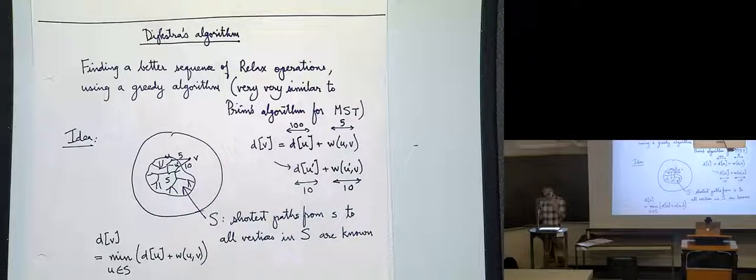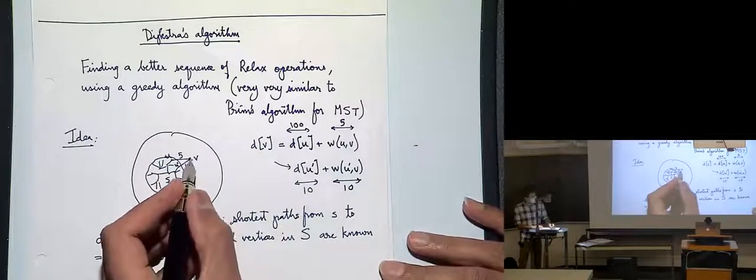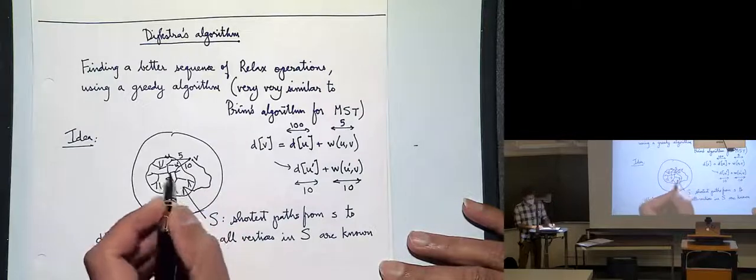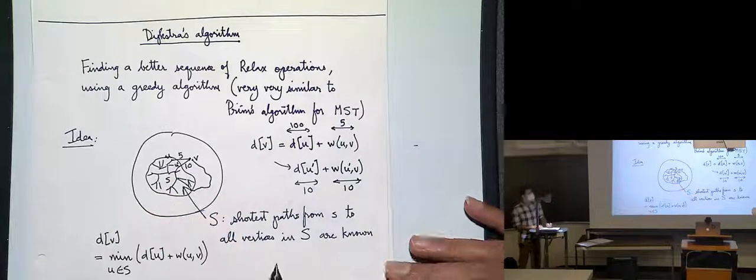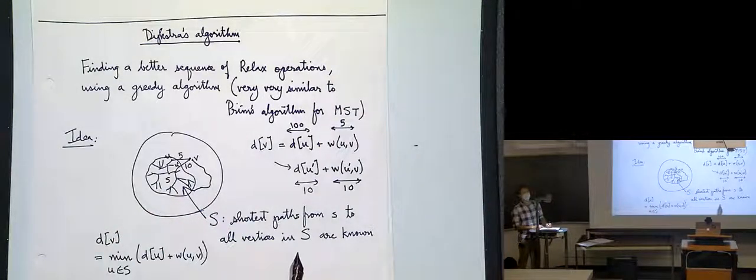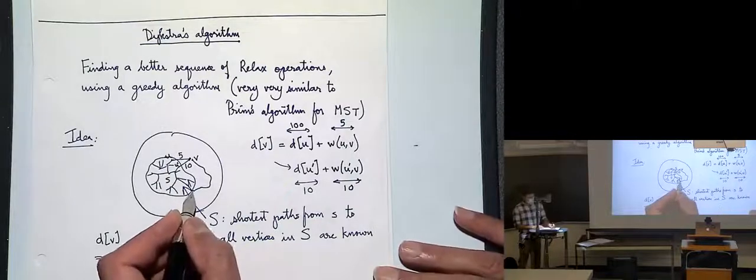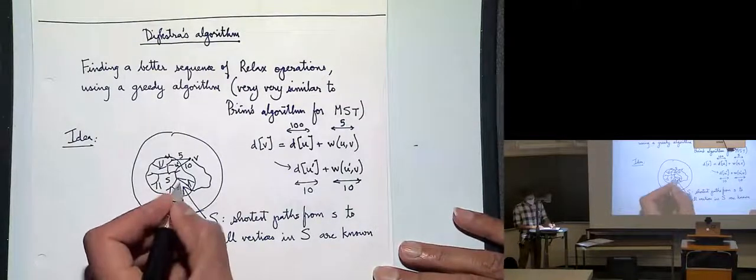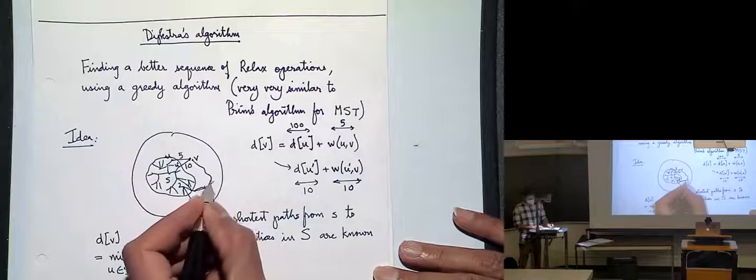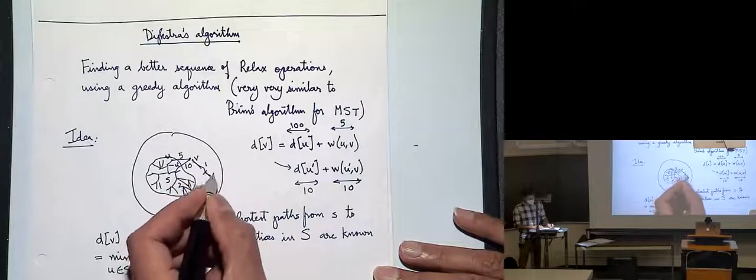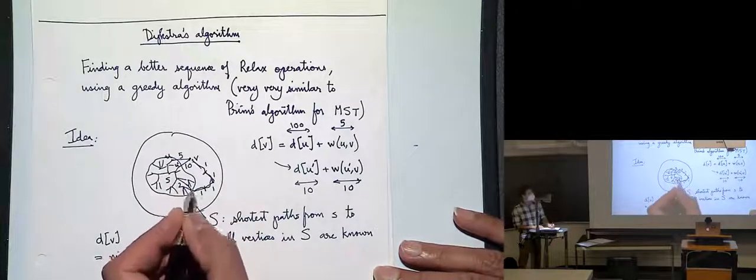Remember that when you follow the greedy strategy, you're committing to this path. How do you know the shortest path from here? Maybe the shortest path does something like this. Maybe there's some other vertex over here whose distance is 2, and there's 1, 1, 1, 1. Maybe all of these have 1, and there's an edge of distance 2.